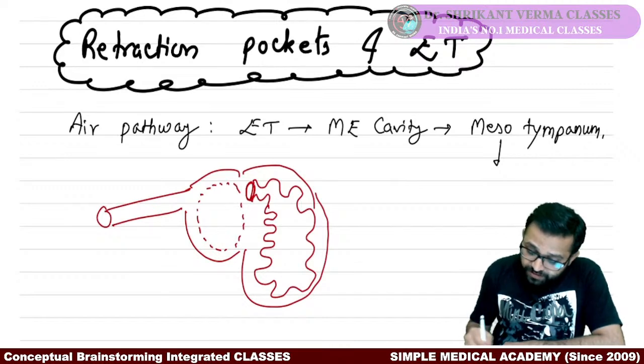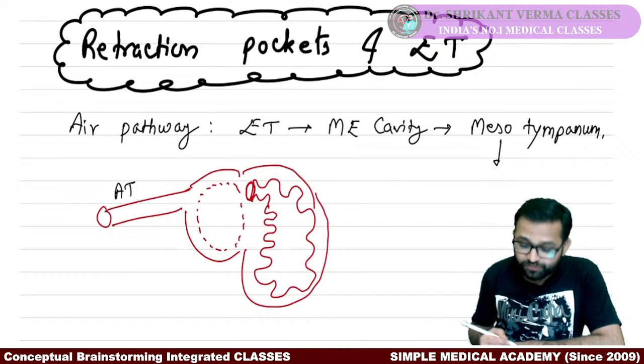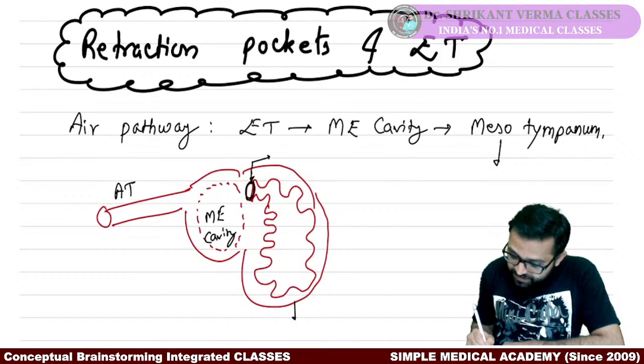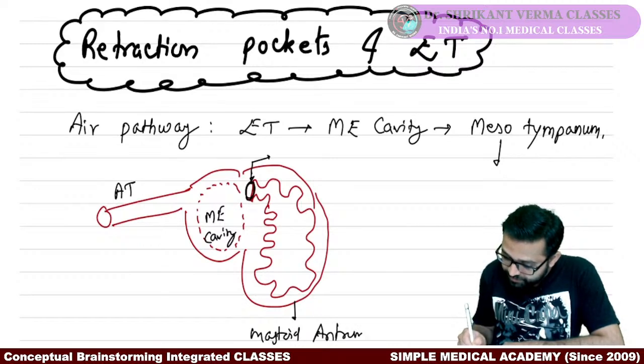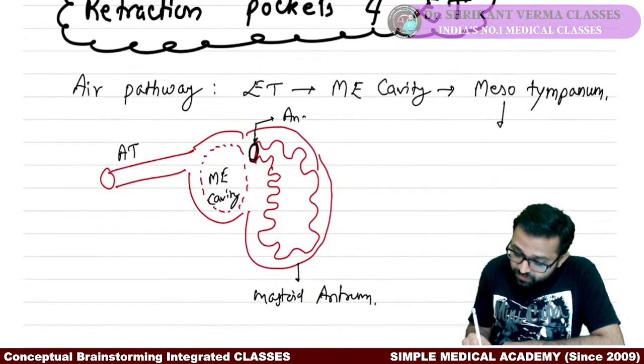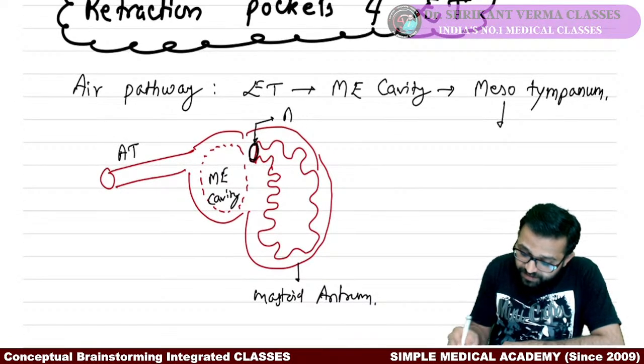So you all are aware that it is our auditory tube. Here is the middle ear cavity. This opening between the middle ear cavity and the mastoid antrum is known as aditus.